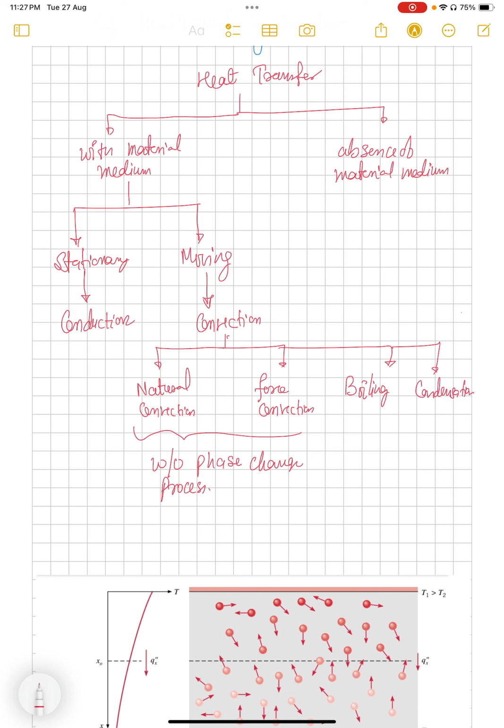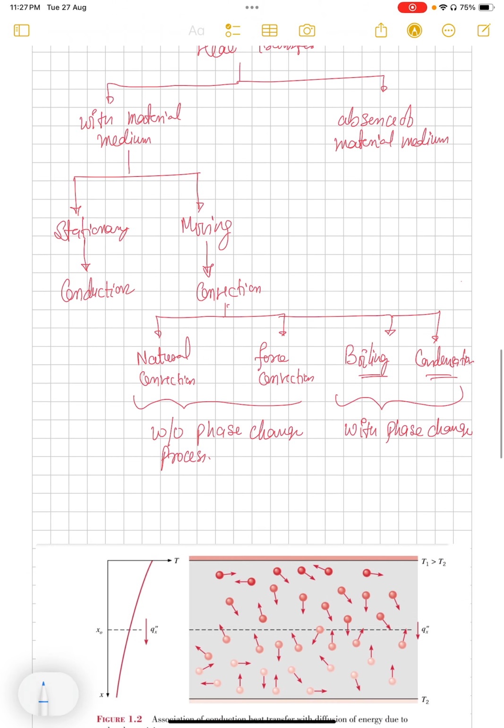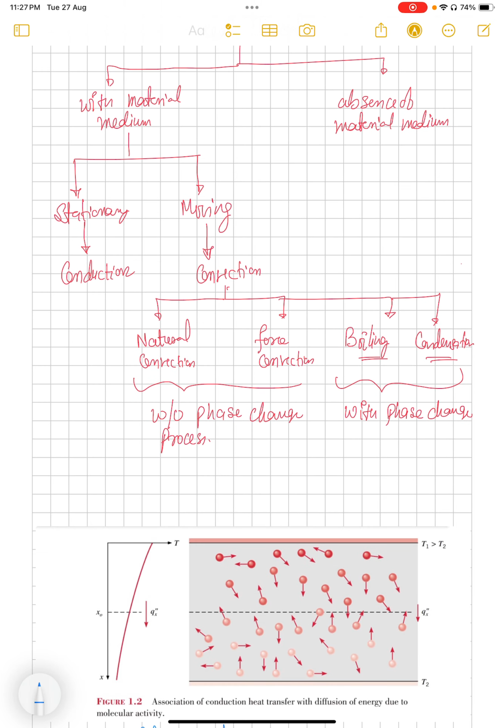These are the modes of convection heat transfer with phase change. And these processes are growing like anything in the industry for cooling of various electronic equipment.